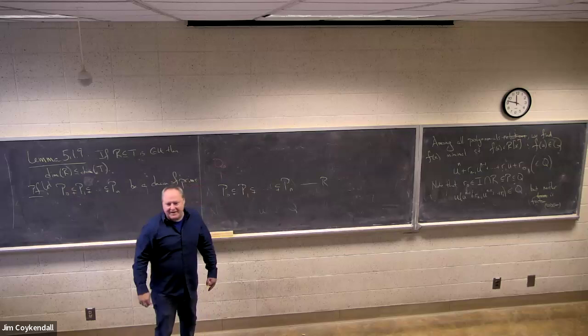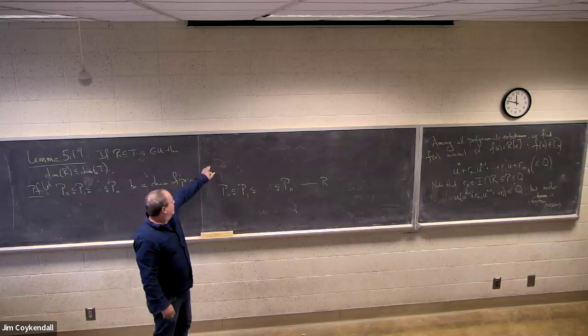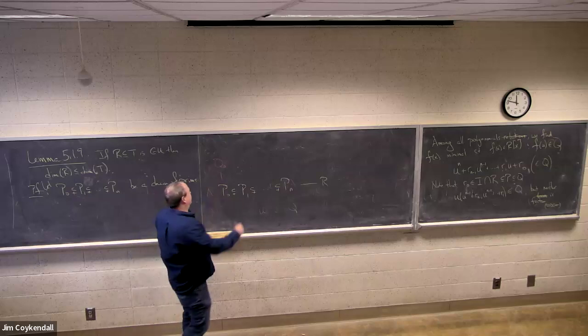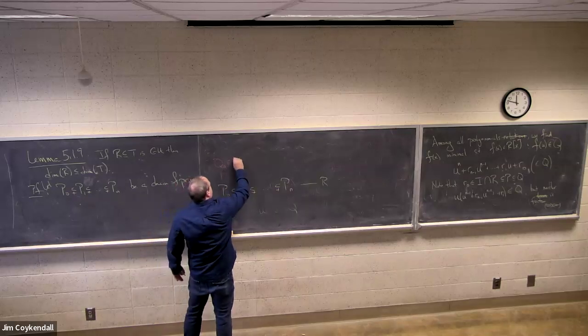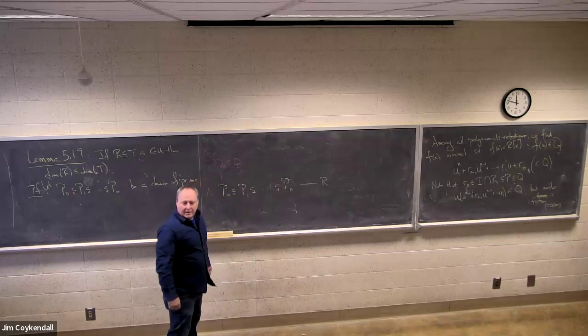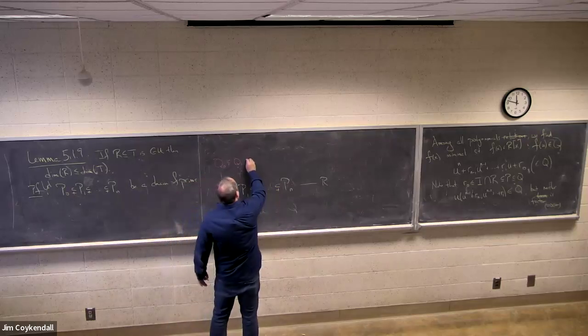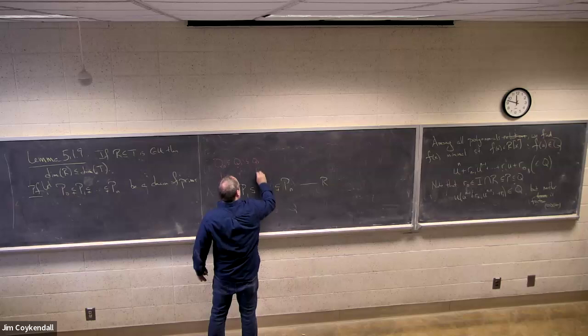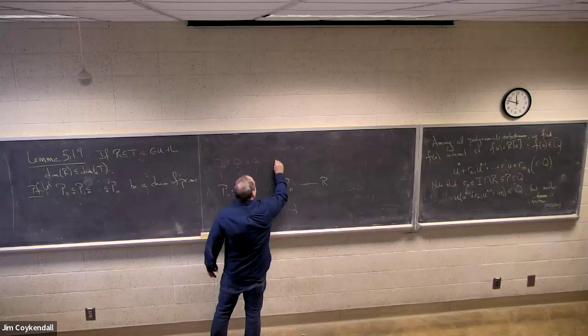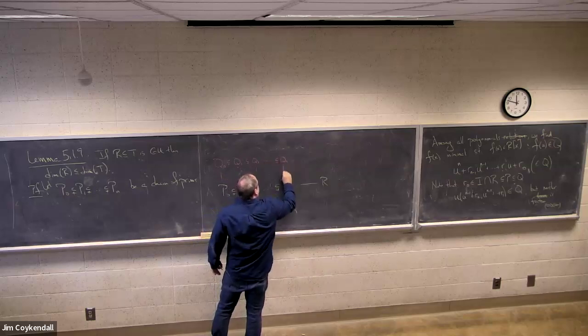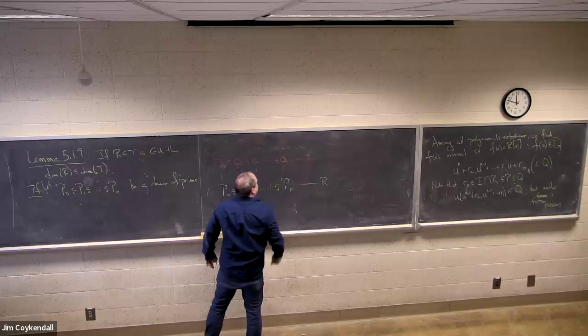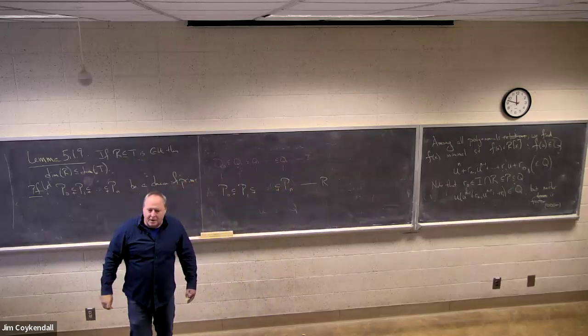Lying over gives me my Q0, right? So Q0 lies over P0, but the extension is going up. So I can now build Q1 that lies over P1. Now I can build Q2, all the way up to Qn lying over Pn at the T level.